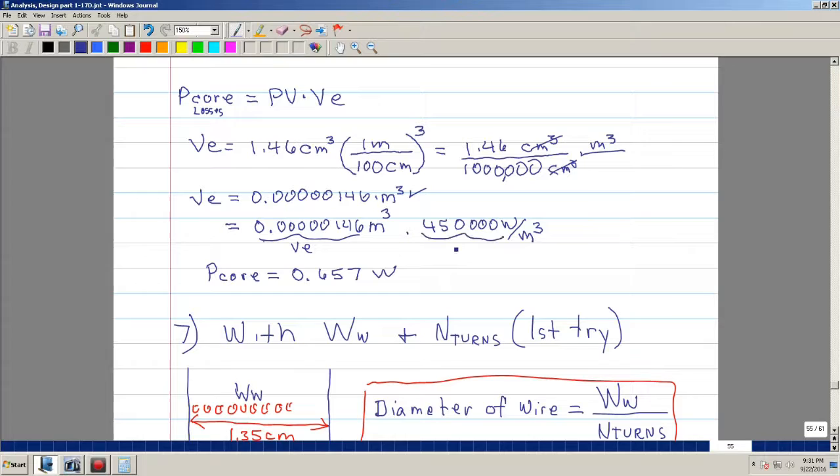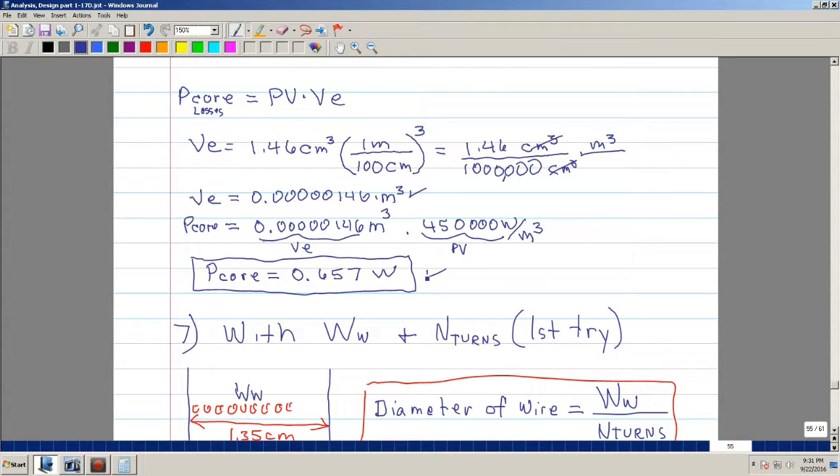And this is PV. So I end up with a core loss due to the magnetic material of a little bit over a half a watt, basically 657 milliwatts.